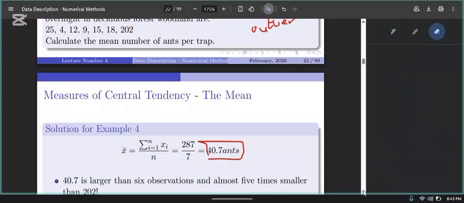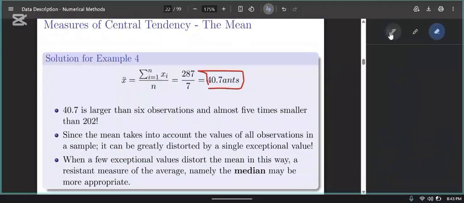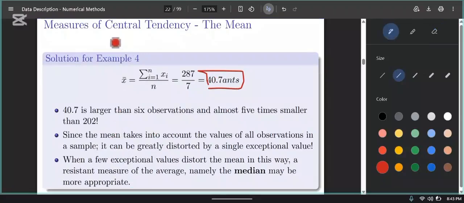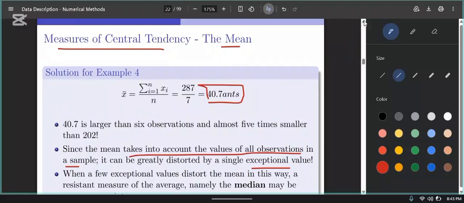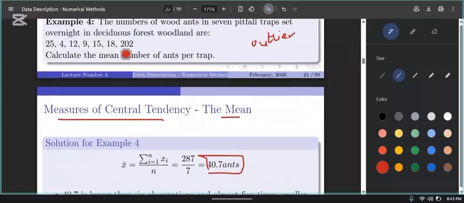So the mean is a good measure of central tendency. Actually, the mean is the best among the other measures of central tendency, and the reason is because it takes into account all observations in a sample, but it can be distorted by a single value, like here. So this value here has skewed up the mean, an outlier.